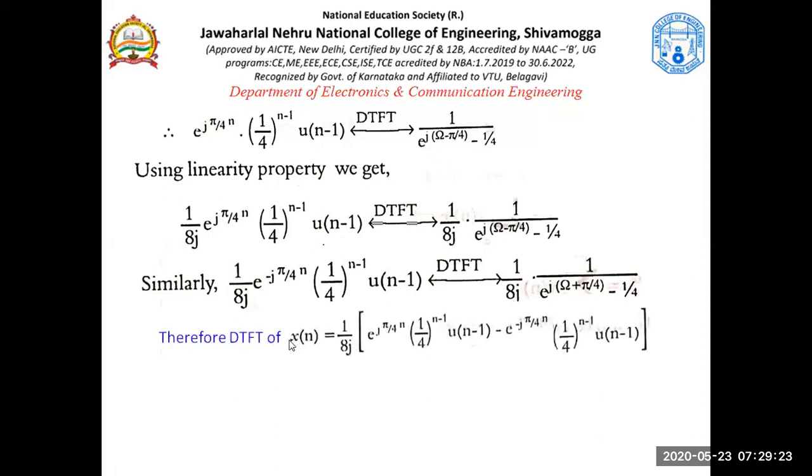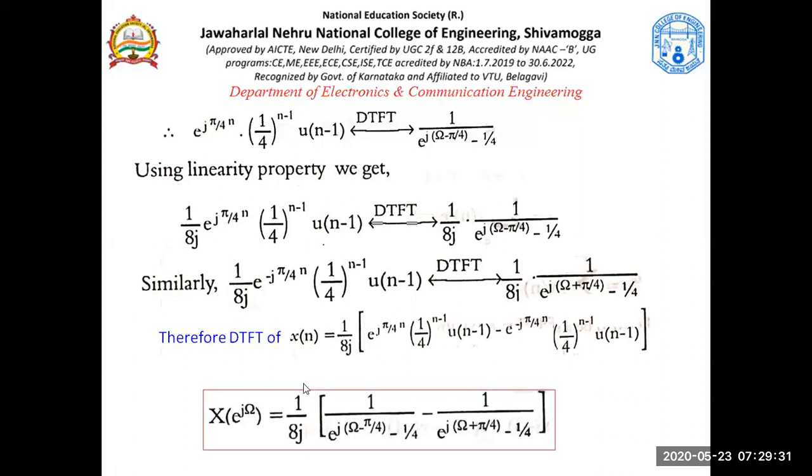Therefore, for the given x of n, the DTFT looks like this. 1 by 8j you just keep as it is. The DTFT of the first term is obtained here, and the DTFT of the second term is obtained here. In both the terms we have 1 by 8j as common, and just write the remaining terms here.